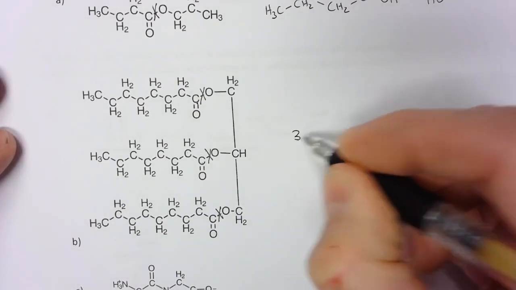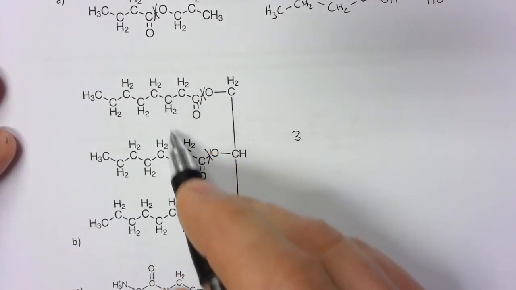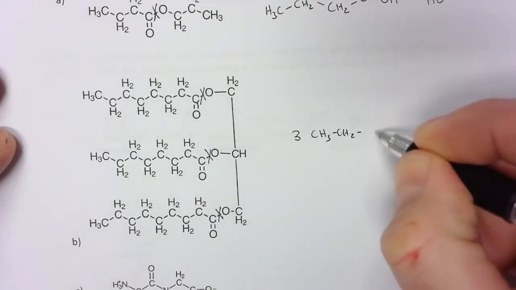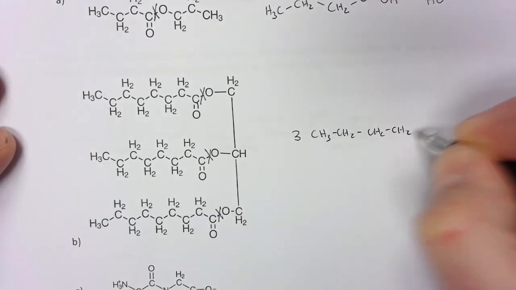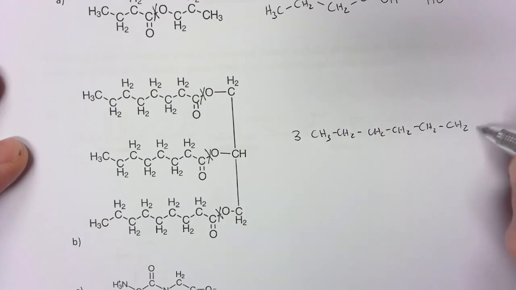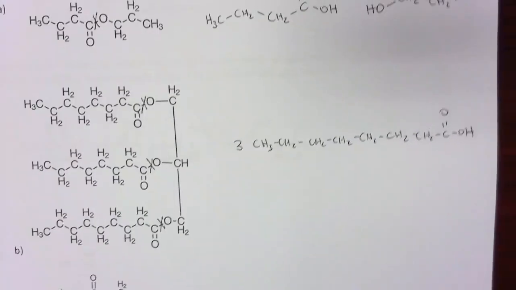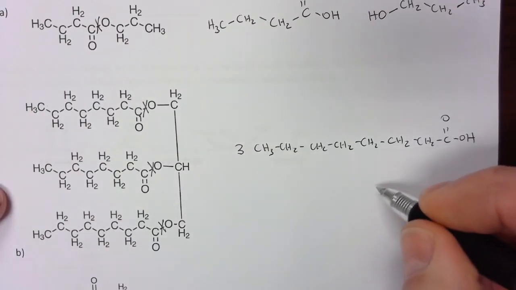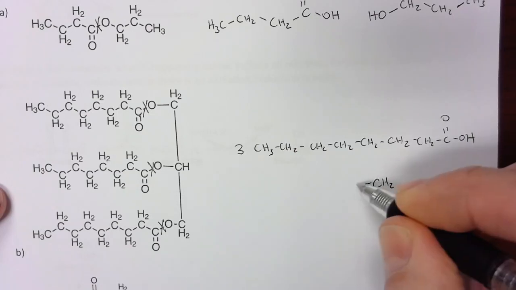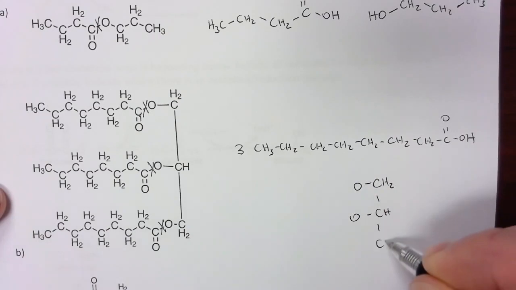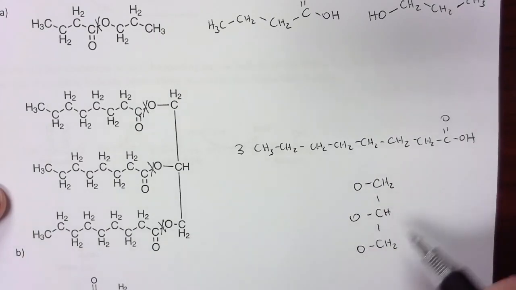I'll just draw this once, just to illustrate. I'll draw 8 carbons, and on the 8th I will put the carboxylic acid. Like so. And then the glycerol would be the other molecule, keeping in mind that this is connected.